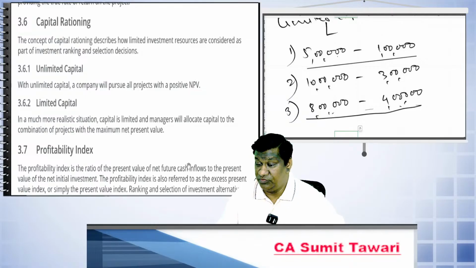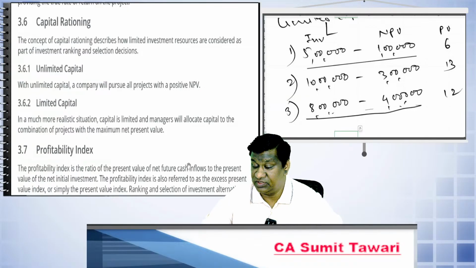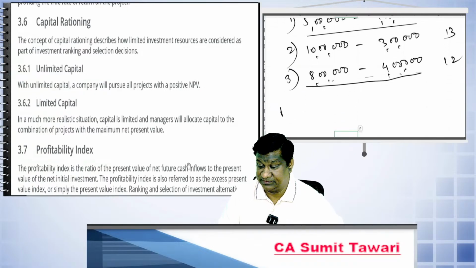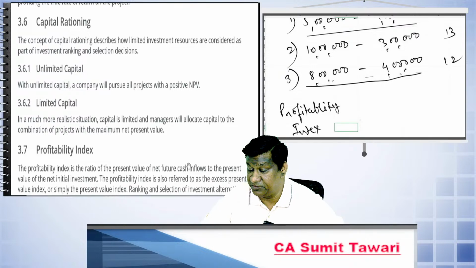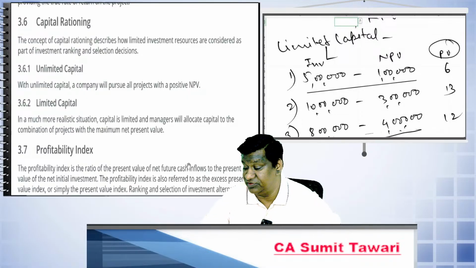Now this is the investment, and this is the NPV. So what would be the present value of cash inflow? 5 plus 1, 6 lakh; 10 plus 3, 13; and 8 plus 4, 12. Now we need to see the profitability index. Just keep in mind, for net present value, it is the present value that you need to consider.